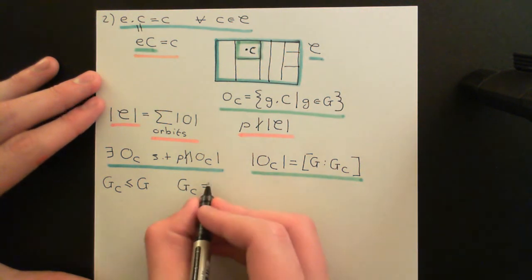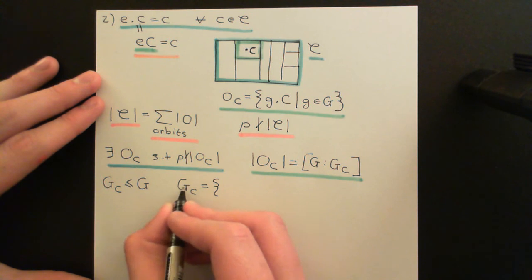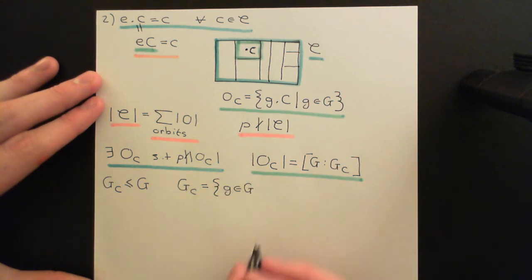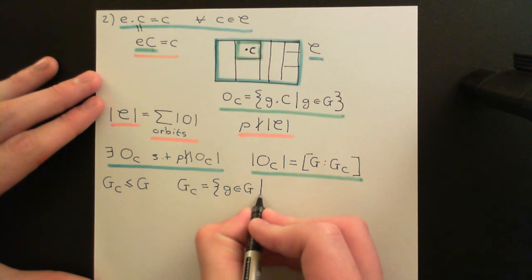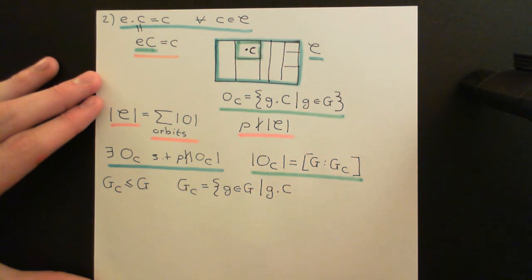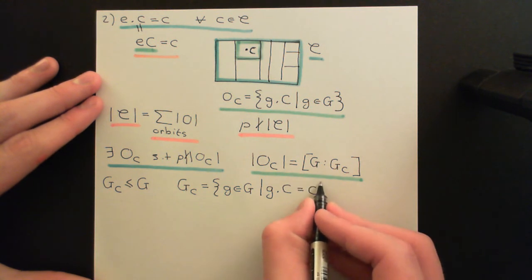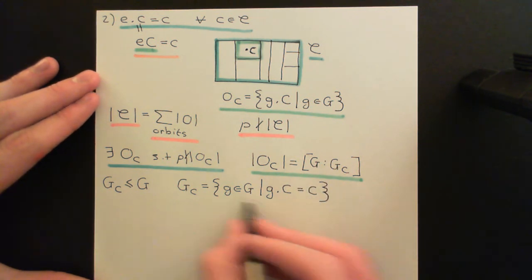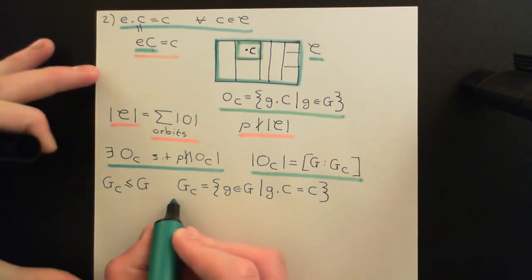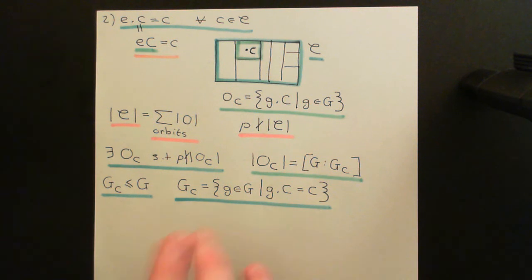The stabilizer of an element of the set on which the group G is acting is all of the elements little g of the group capital G such that when g acts on this element, which in this case is this subset capital C, it must give the same thing back again, so it must be capital C. So it's all of the elements of the group that have no effect on the subset capital C. This is the definition of the stabilizer of C in G.